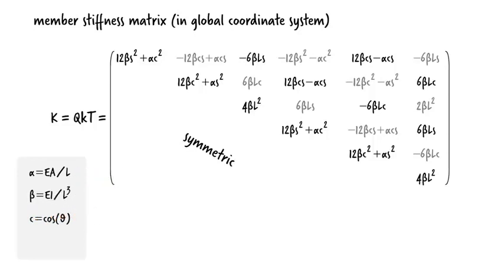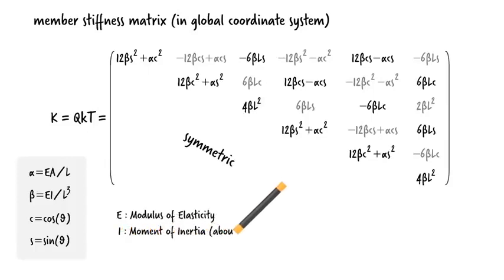C is cosine theta, and S is sine theta. Here, E is the modulus of elasticity of the material, I is the moment of inertia about the axis of bending, and A is the cross-sectional area of the element.